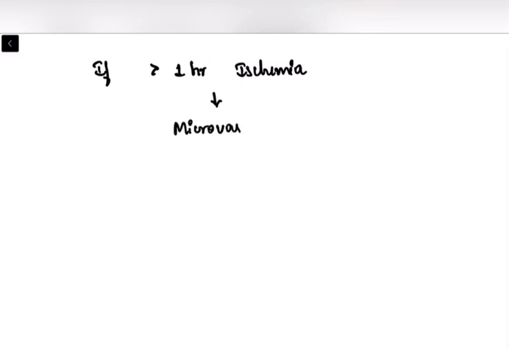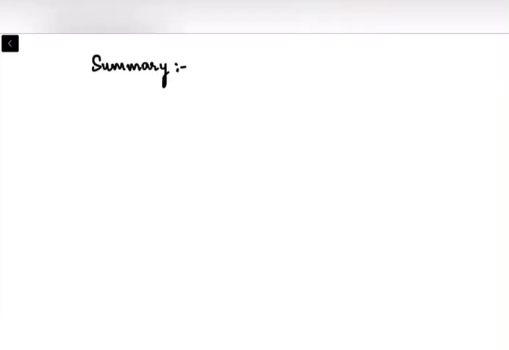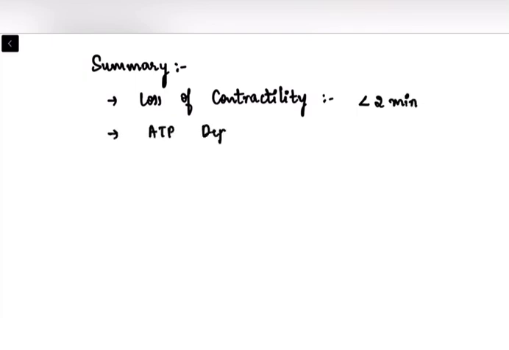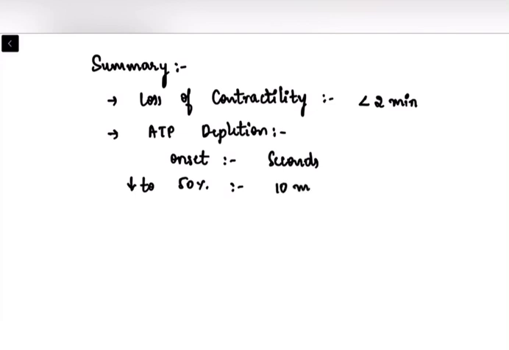Let's summarize this. Loss of contractility starts within 2 minutes of onset of ischemia. ATP starts depleting within seconds, and it is reduced to 50% of its normal value within 10 minutes, and it is reduced to 10% of its normal value at the end of 30 minutes.